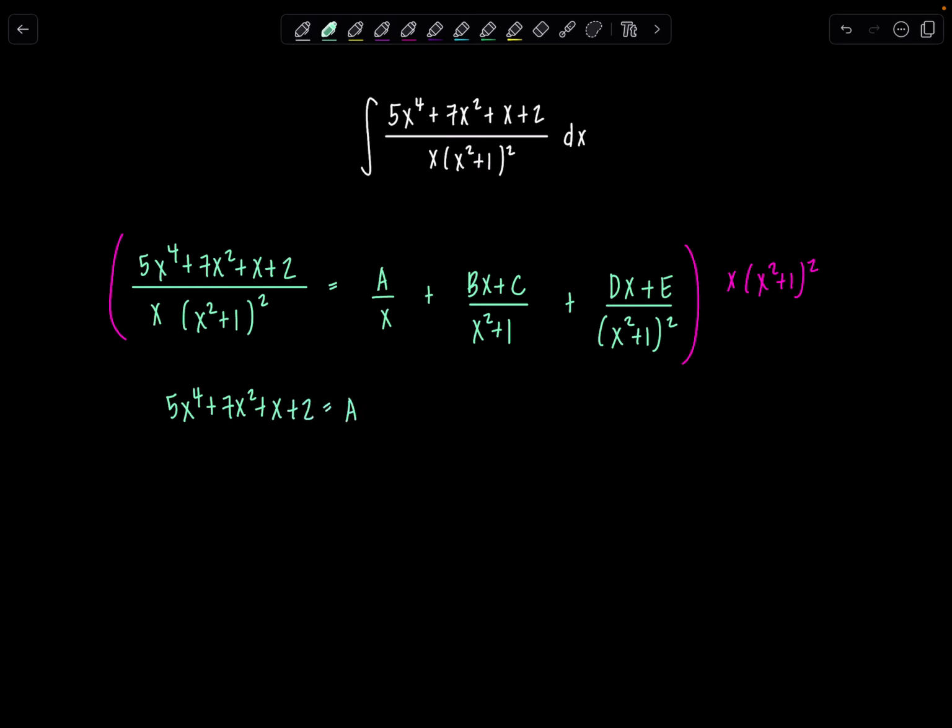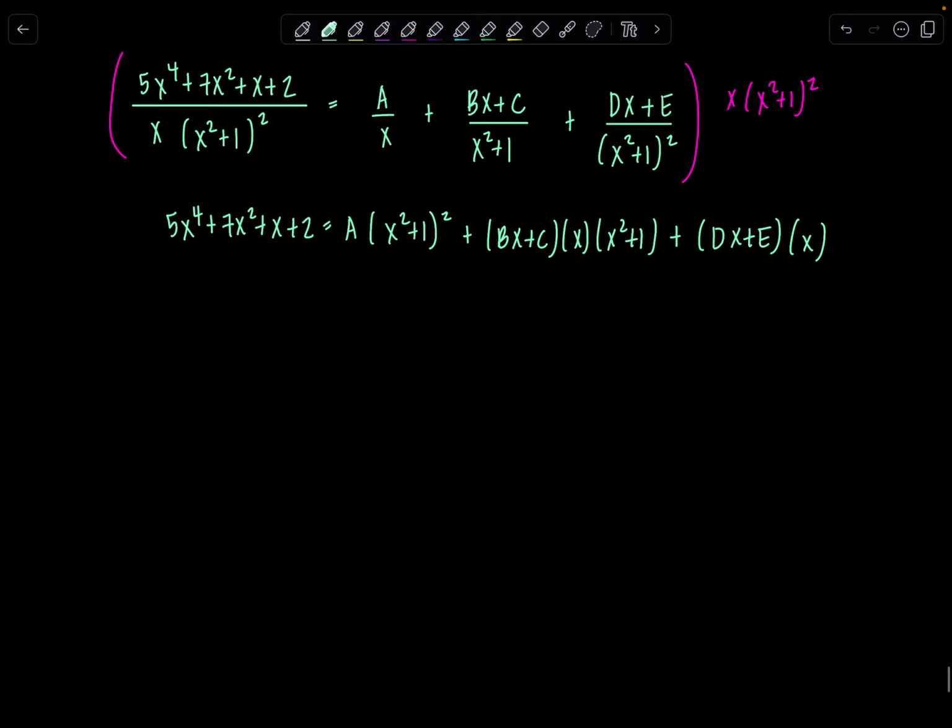I'm going to have A times (x squared plus 1) quantity squared, plus (Bx plus C) times x and (x squared plus 1), plus (Dx plus E) times just x. Since most of the factors are irreducible quadratics, I just started foiling everything out instead of trying to substitute in different values of x. So let's start that FOIL party.